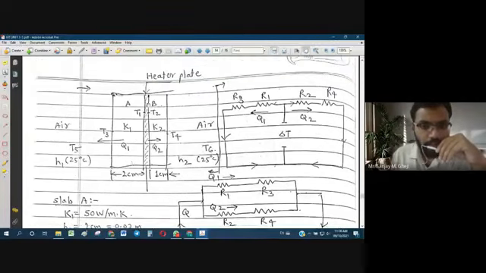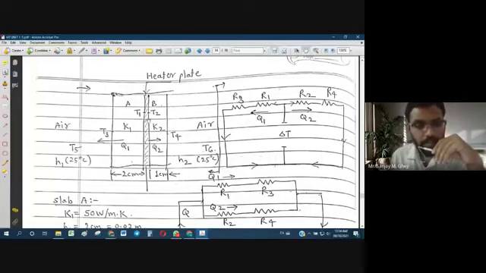What will happen? The heater plate will produce heat at this center location, the heat rate is 1 kilowatt, and now this 1 kilowatt will get divided into two channels or two paths. One heat transfer will be on A side.